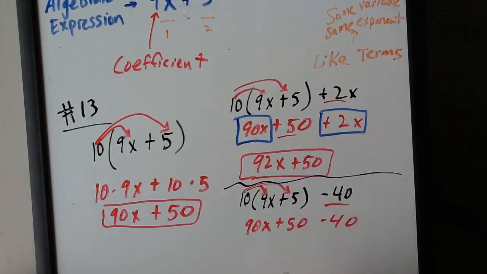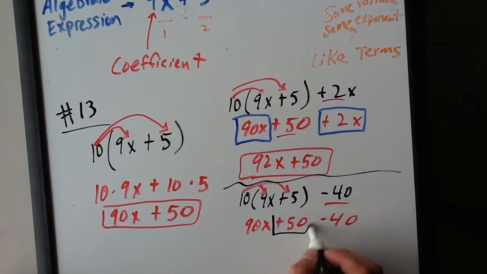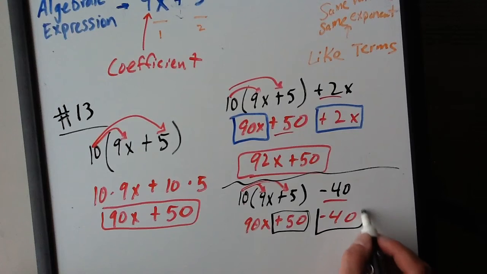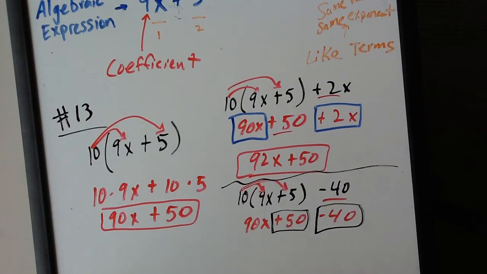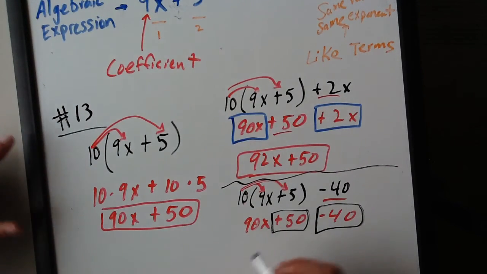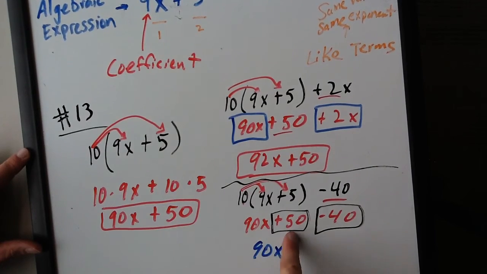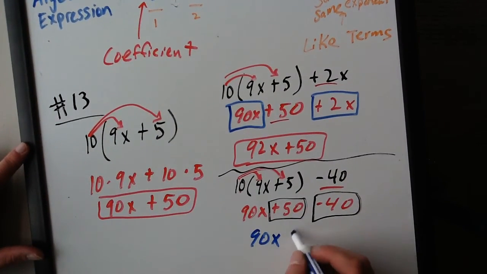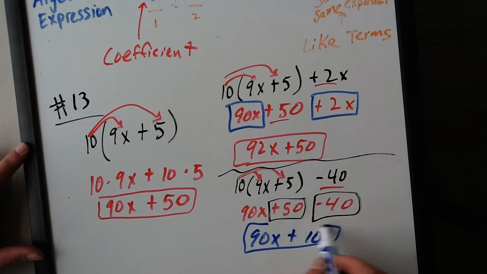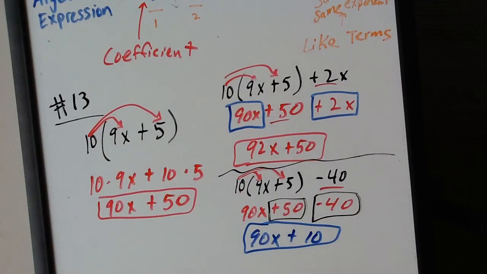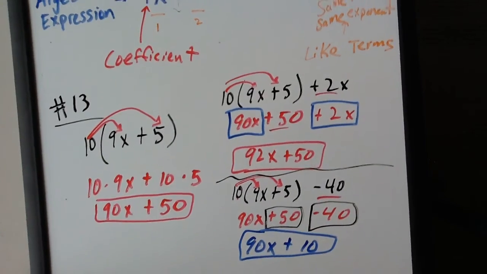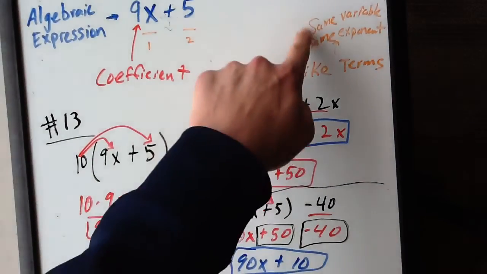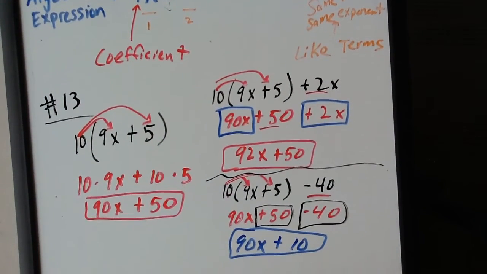My like terms would be the constants, the constant 50 and the constant negative 40. So I need to combine those terms. I still have 90x, and then I have positive 50 minus 40. 50 minus 40 is 10. I put plus 10 for positive 10. So this would be my simplified expression. Again, that's me combining the like terms, which have the same variable and the same exponent.